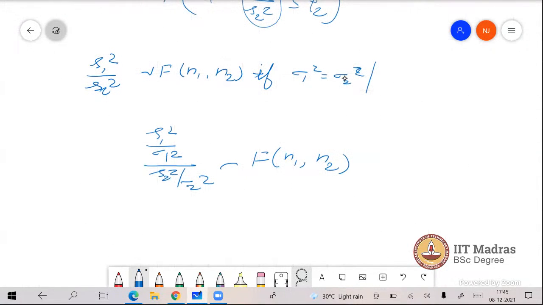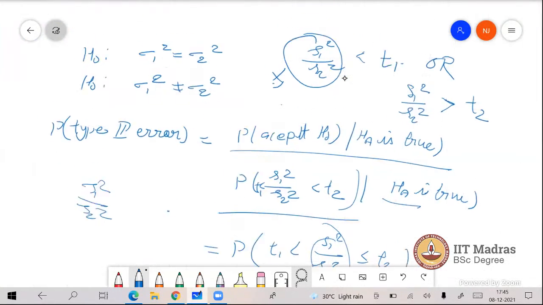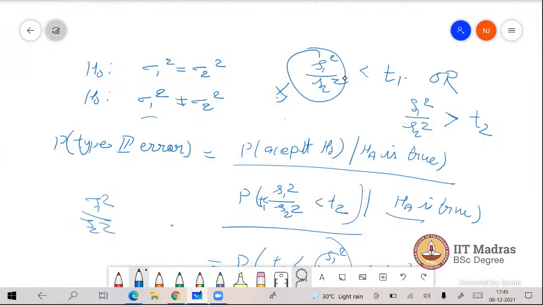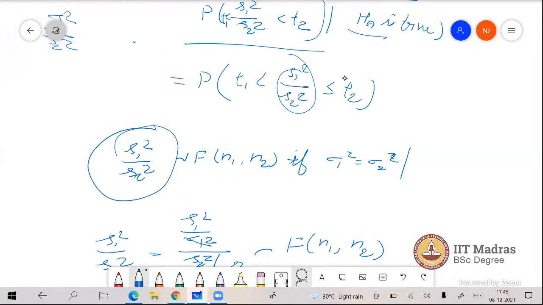When sigma 1 square equals sigma 2 square, this cancels out. But since H1 is true, sigma 1 square and sigma 2 square are not equal, so you cannot say this follows an F distribution.